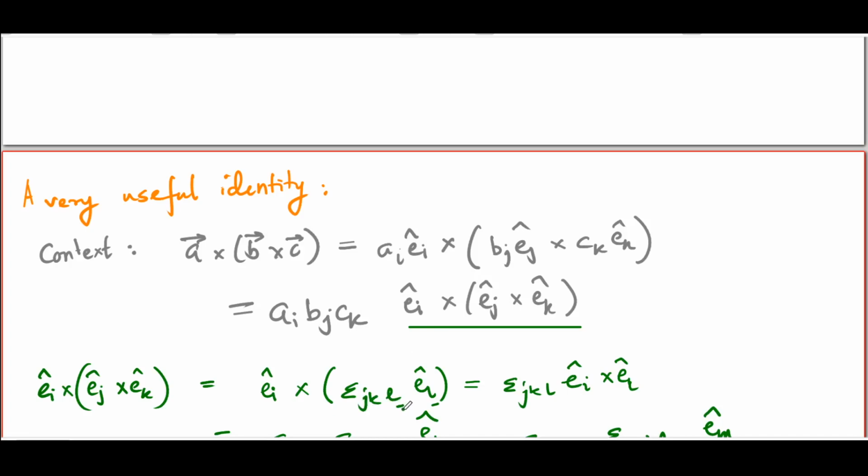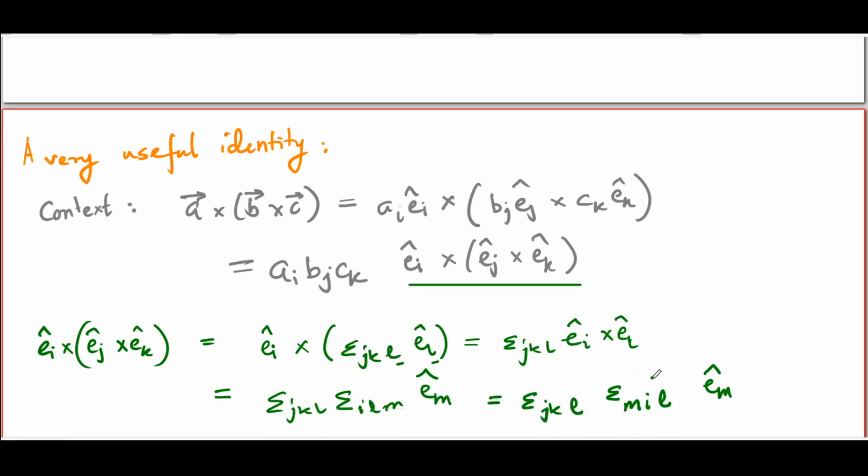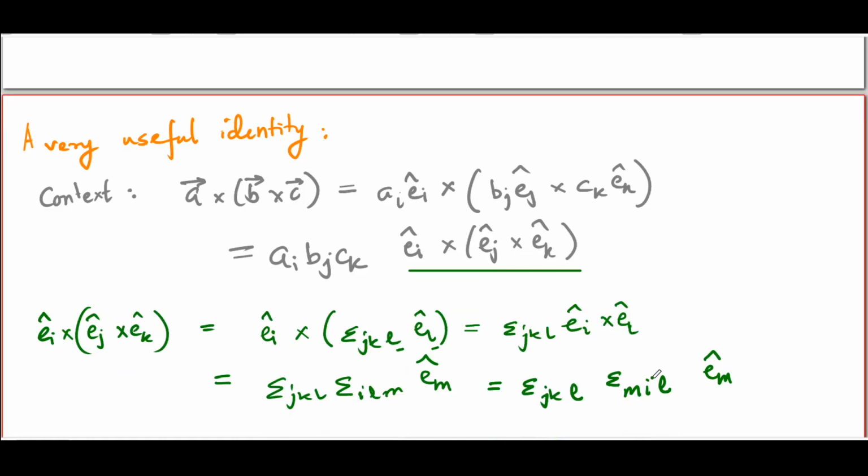I pull the epsilon JKL out of this and I write the result as epsilon JKL EI cross EL. This again is the cross product of two basis vectors, and from the definition of the epsilon symbol, it's easy to see that I can write that again in this form. Epsilon ILM, with a dummy index, in this case I've used M, EM. So I have epsilon JKL, epsilon ILM, EM, where this is really a product of two epsilon symbols, but it's more than that.